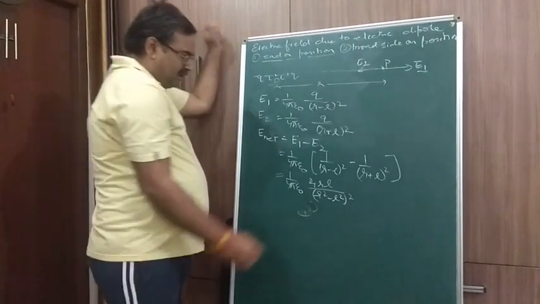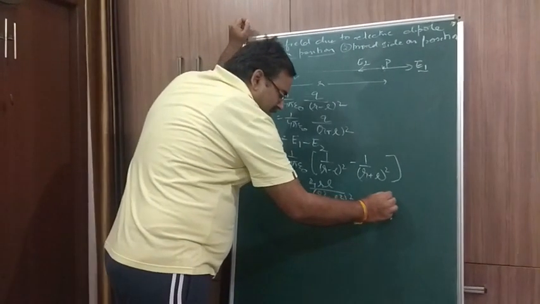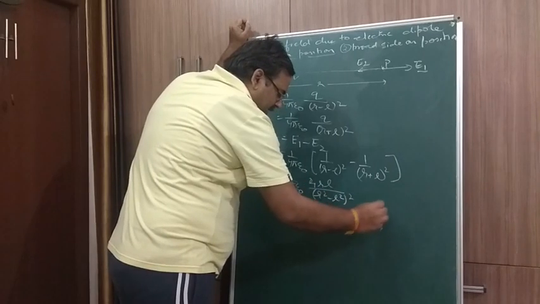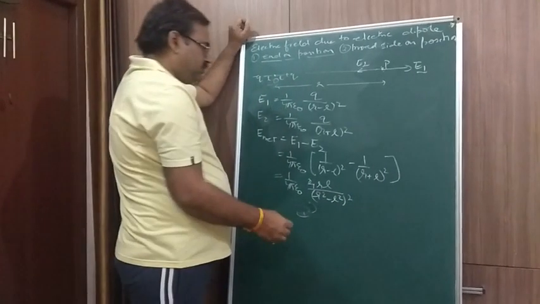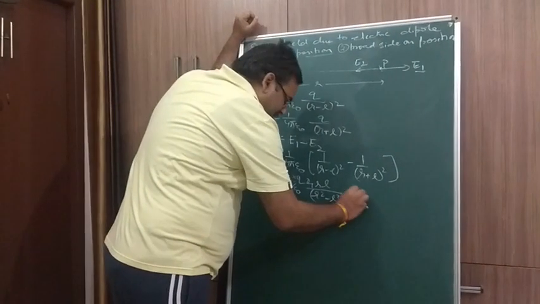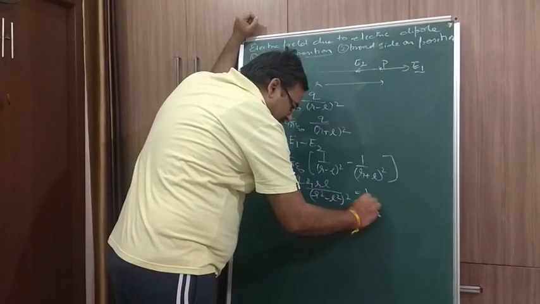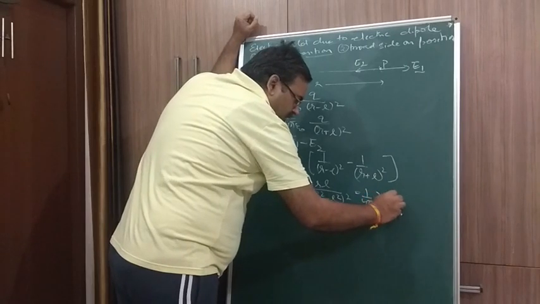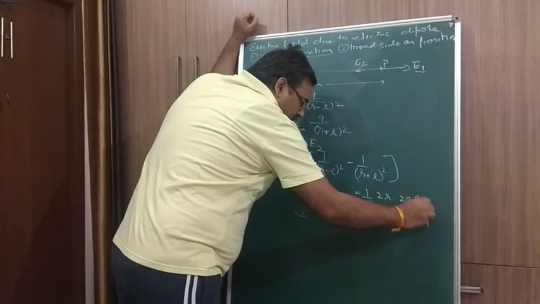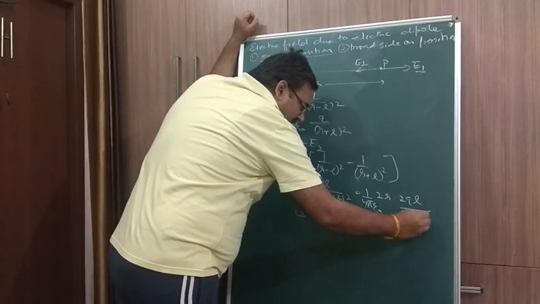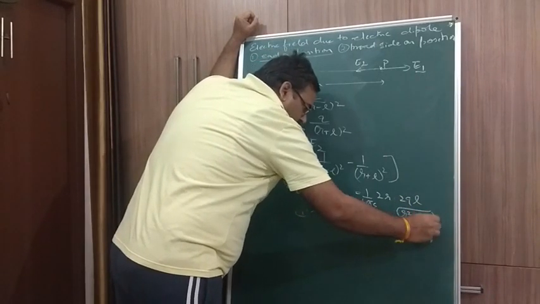Now further, we take 1 upon 4 pi epsilon naught, 2R into 2qL upon R square minus L square whole square.